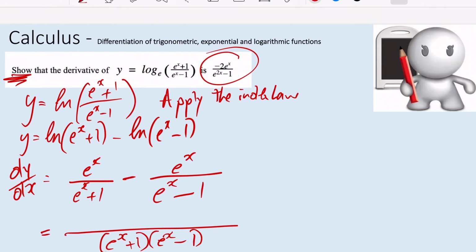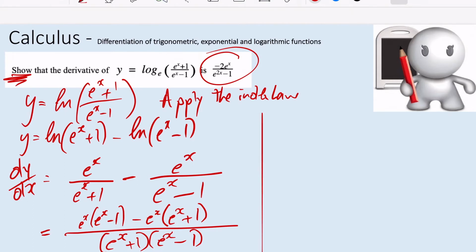So I'm going to combine the denominators. That means for my first fraction, I've multiplied both the numerator and the denominator of my first fraction by e to the x minus 1. Okay, for my second fraction, I've multiplied both the numerator and the denominator by e to the x plus 1.